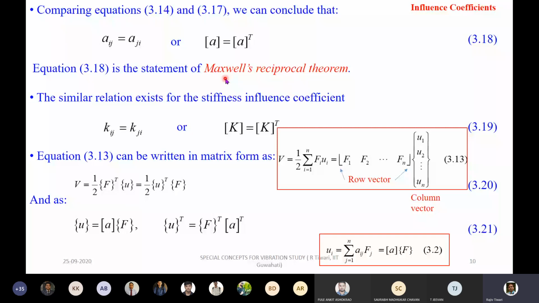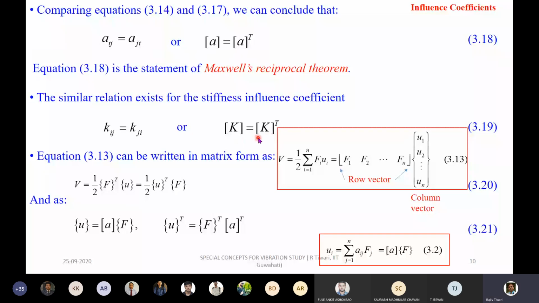So the flexibility influence matrix will be equal to the transpose of the same matrix because it's symmetric. On the same line, because they are inverse of each other, the stiffness matrix also should be symmetric. And once the coefficients are symmetric, the matrix can also be the transpose of itself.